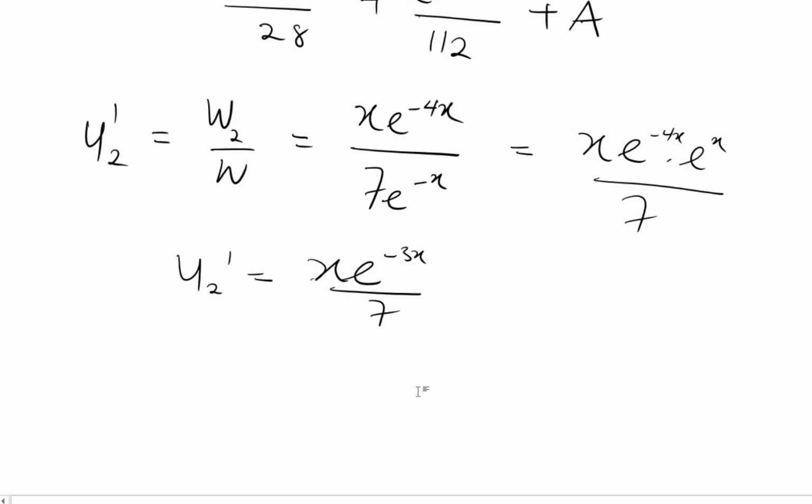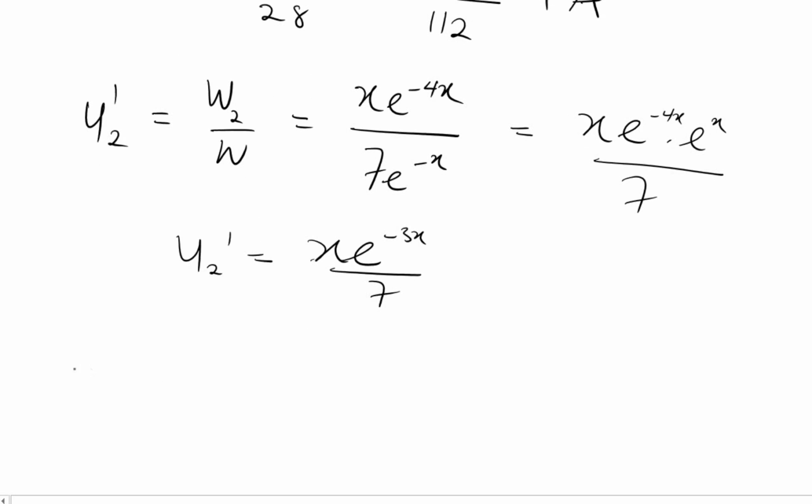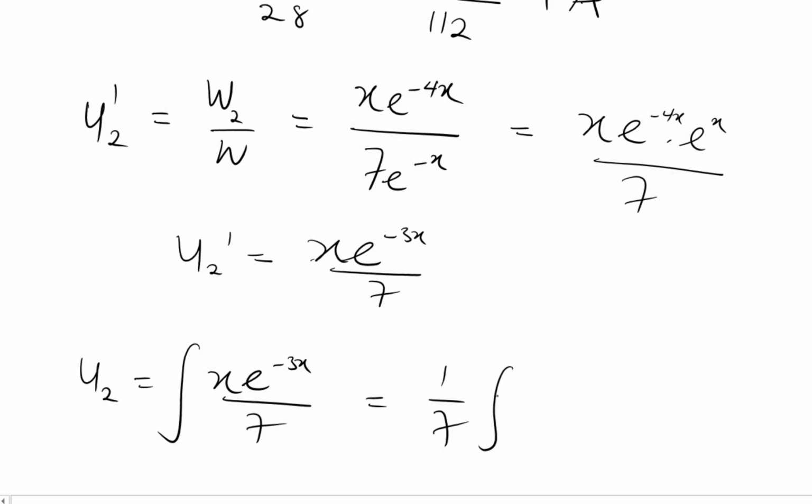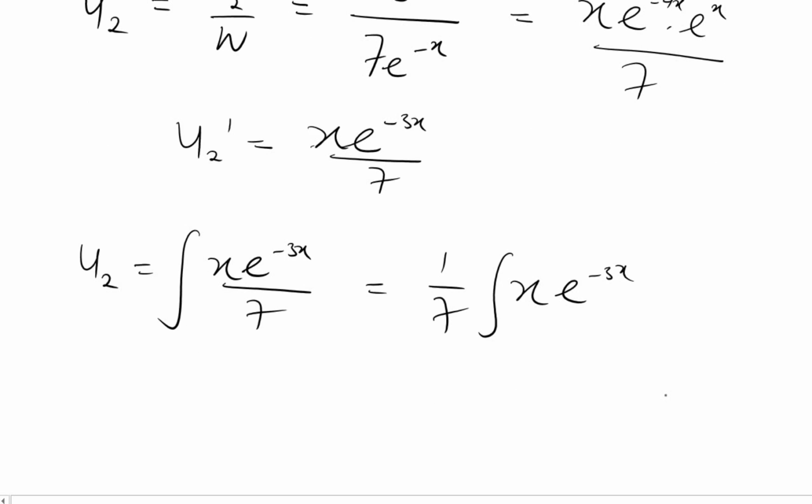So now u2 will be the integral of this. Therefore u2 is equal to integral of x exponential minus 3x divided by 7, which is the same thing as 1 over 7 integral of x exponential of minus 3x. Let's integrate this as we just did earlier. I will say let u be x, then du be 1. Then dv is exponential of minus 3x.